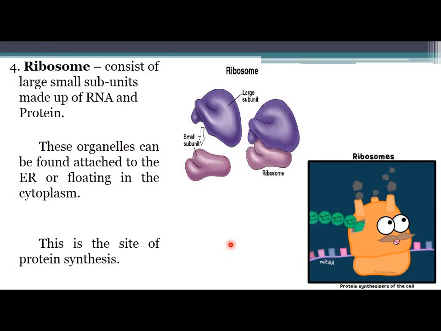And it consists of large, small subunits made up of RNA and protein. And these organelles can be found attached to the endoplasmic reticulum, or di naman kaya, floating in the cytoplasm. So, ito ring ribosomes na to, ito ay nagpo-produce ng protein at the same time, nag-create ng RNA.